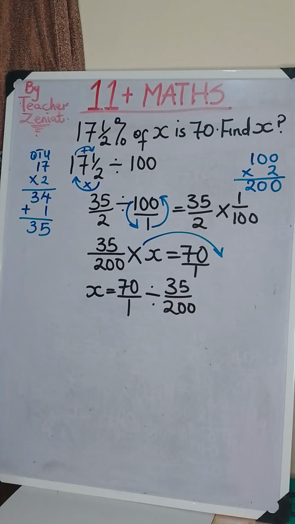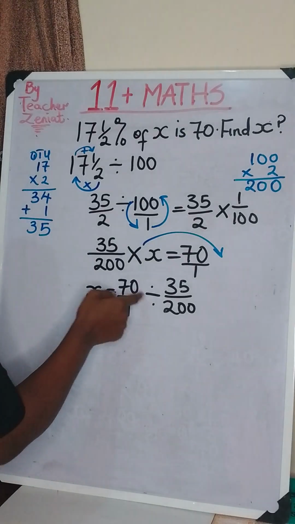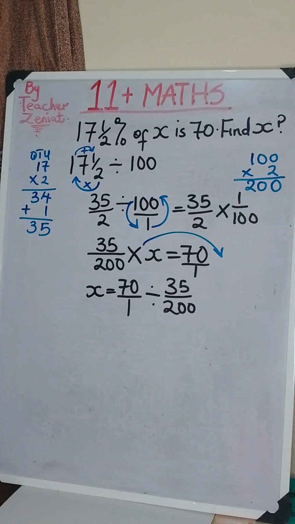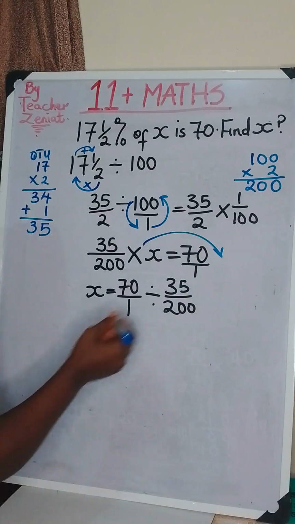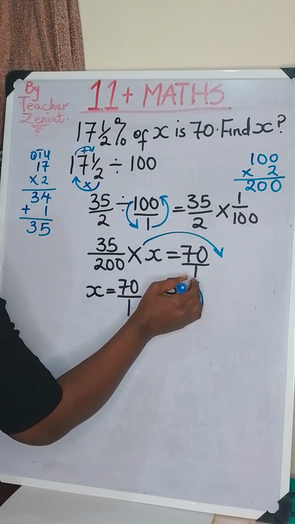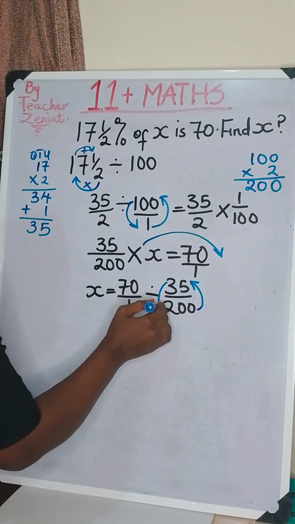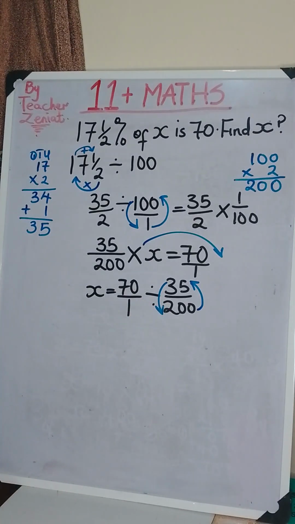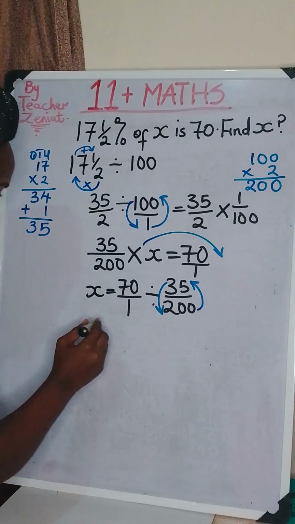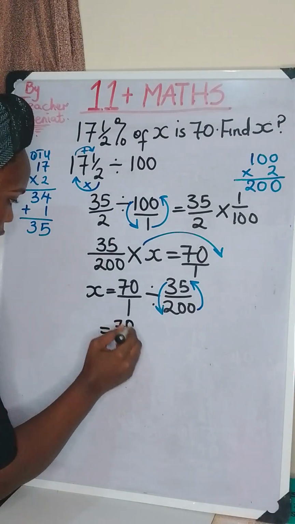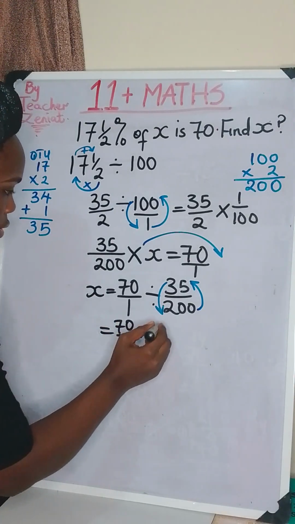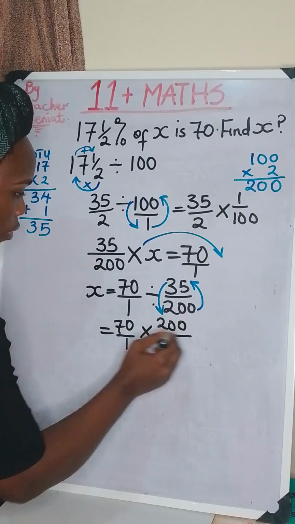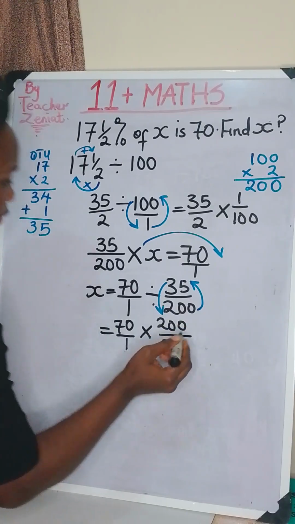Now we have to simplify. We have to change this division sign into a multiplication sign. So the 200 is going to flip, and the 35 is also going to flip. So that we'll have 70 over 1 times 200 over 35.